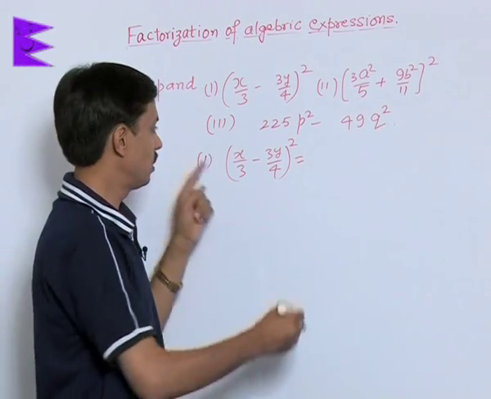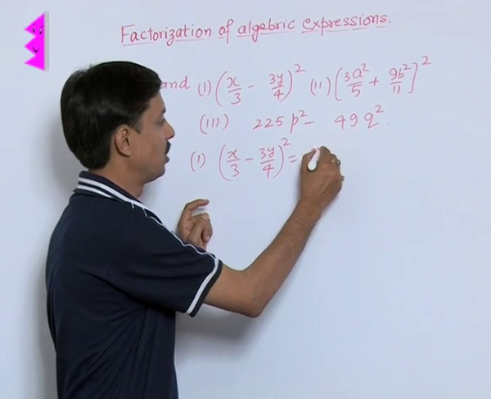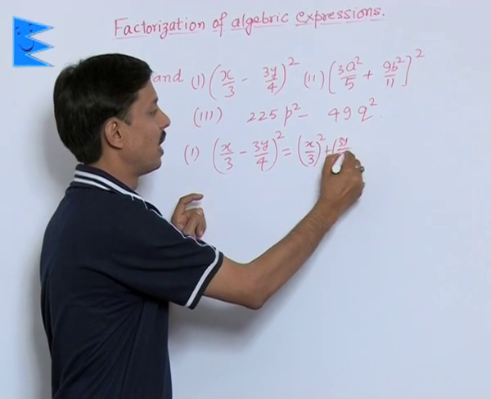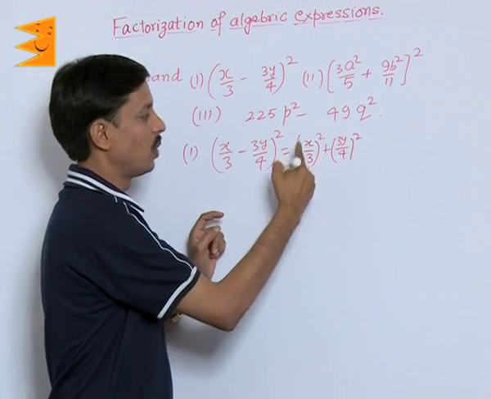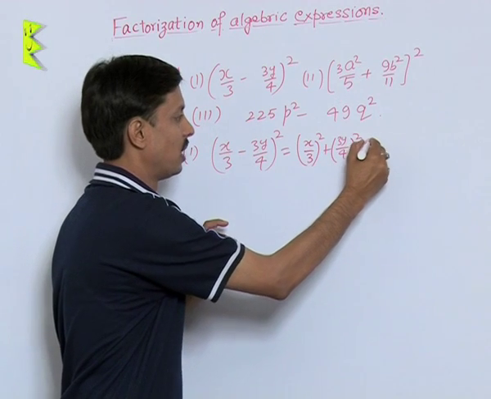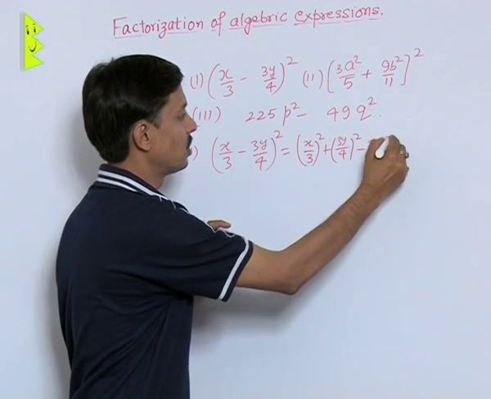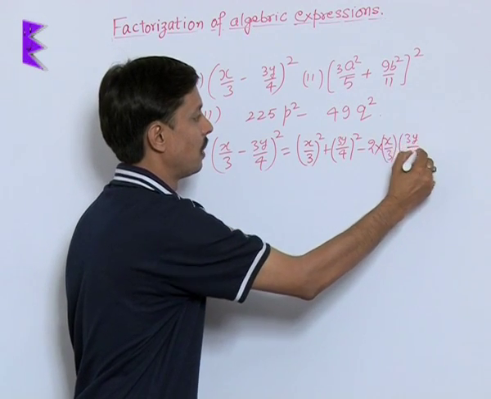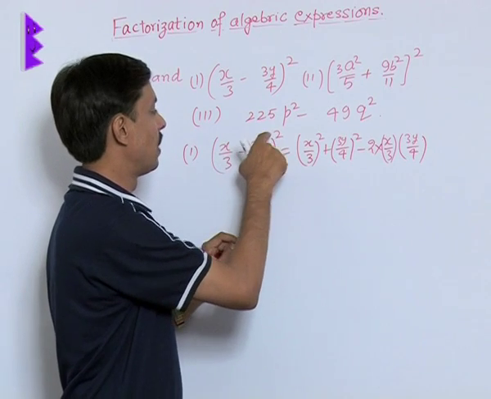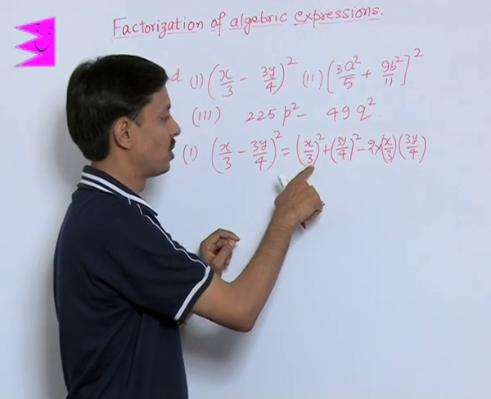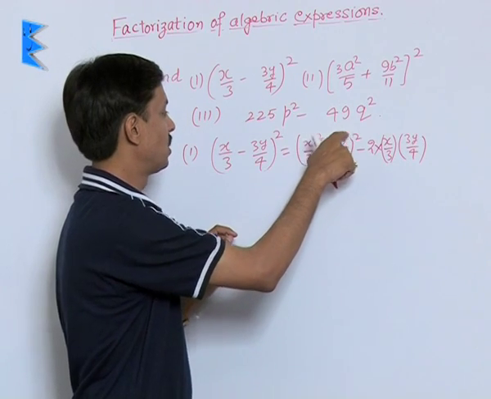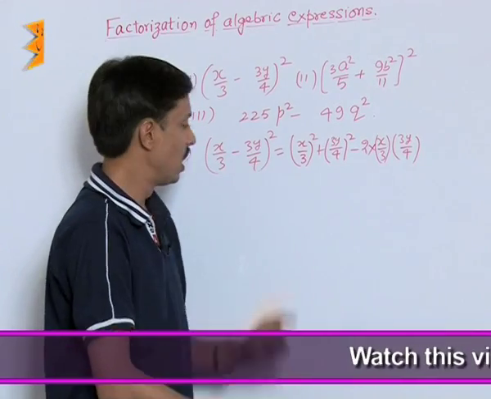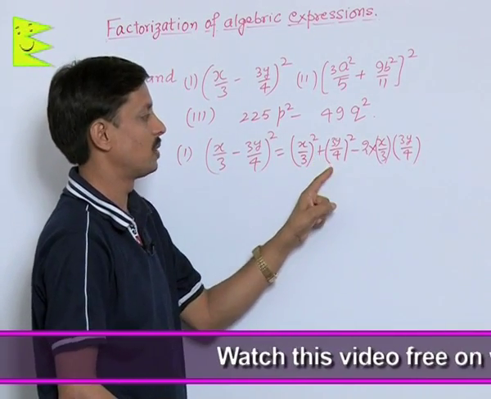So it is a², that is (x/3) whole square, plus b², meaning (3y/4) whole square, minus 2 into a, meaning x/3, into b, meaning 3y/4. So (x/3 − 3y/4) whole square is equal to (x/3) whole square plus (3y/4) whole square minus 2 into x/3 into 3y/4.